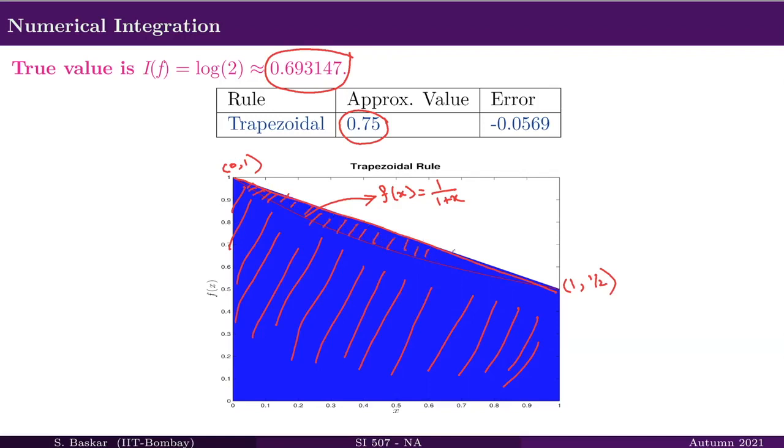If you don't account for the arithmetic error in this, then the error was something like minus 0.569. Since we have obtained it on a computer, it will also surely include some arithmetic error, but we have not spoken about the arithmetic error at all. But deriving an expression for arithmetic error is not very difficult.